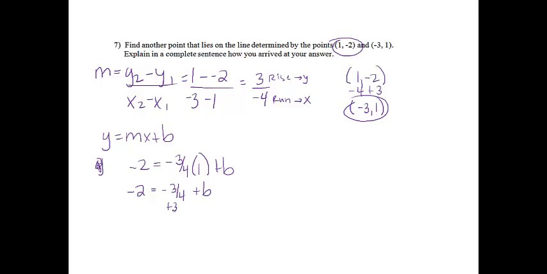I will add 3/4 to both sides. So -2 plus 3/4 would be -1 and 1/4, which equals b. And then from here, my equation would be y equals -3/4 x minus 1 and 1/4.